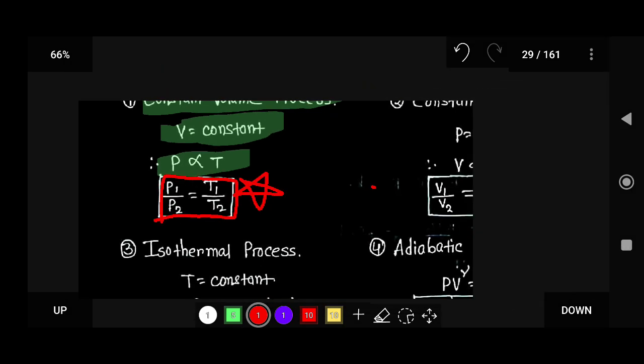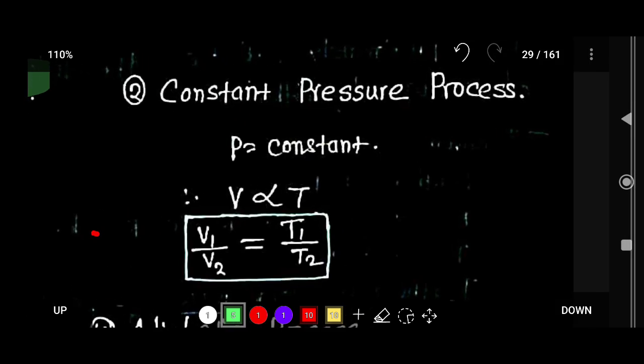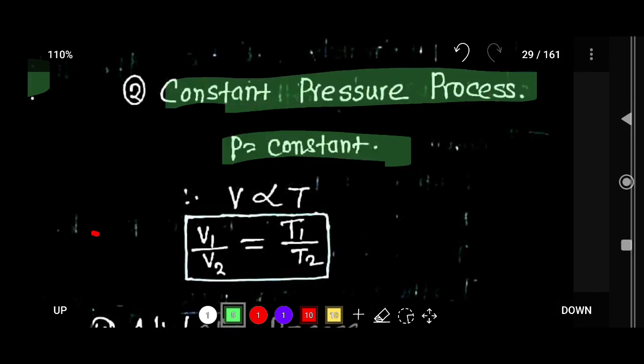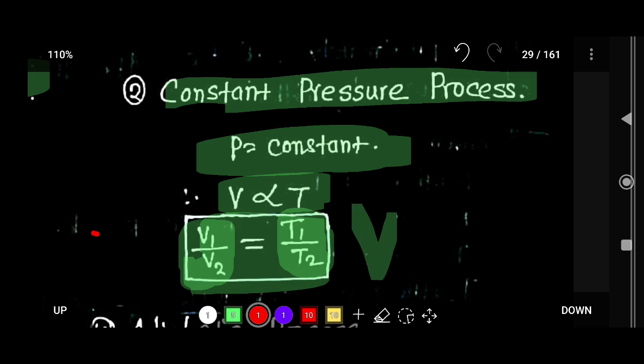Now if it is a constant pressure process, P equal to constant, so we get the relation V proportional to T. From here you can say V1 by V2 equal to T1 by T2. Very important.